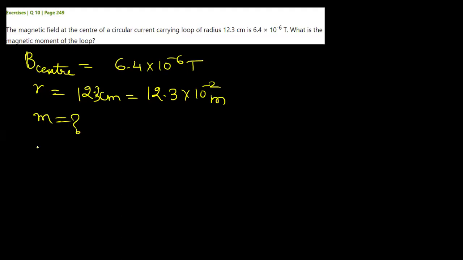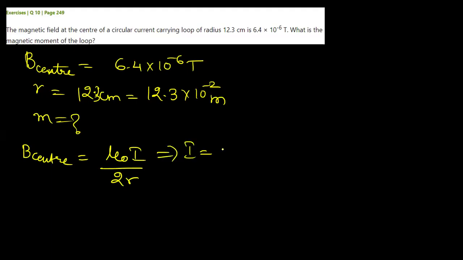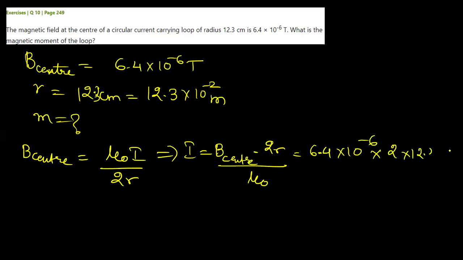Okay, so first you find, see, magnetic field at the center is given to you as mu naught I upon 2r. From here, find the value of current. So current will be equal to B at the center, that will be 6.4 into 10 to the power minus 6 into 2 into 12.3 into 10 to the power minus 2 divided by mu naught, that is 4 pi into 10 to the power minus 7.